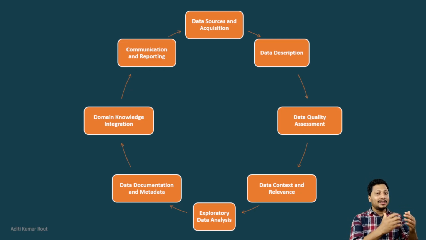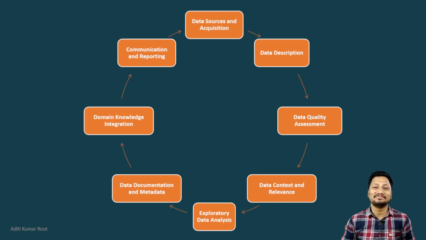Ideally, the data should be relevant for our experimentation or for our problem statement. If it is not relevant, then there is no meaning in data collection or understanding. So we need to ensure that the data we collected and understood is relevant to our problem statement.